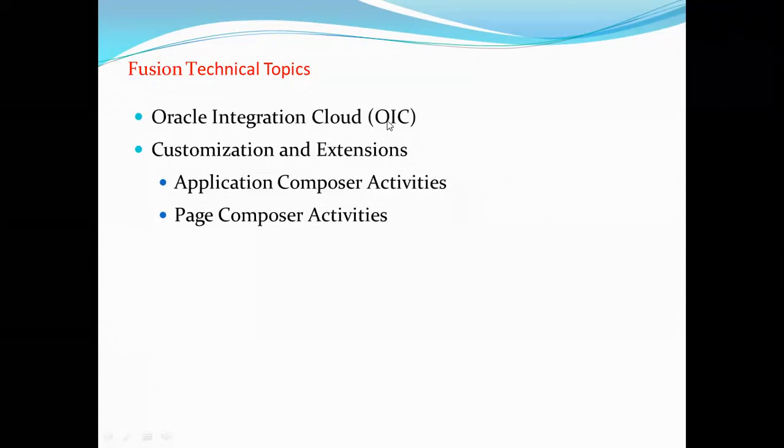Whatever SOA middleware component we had, the SOA application is replaced with Oracle Integration Cloud Service. The OIC application itself has around 80 plus adapters, nothing but 80 plus connections. It will connect to various systems.